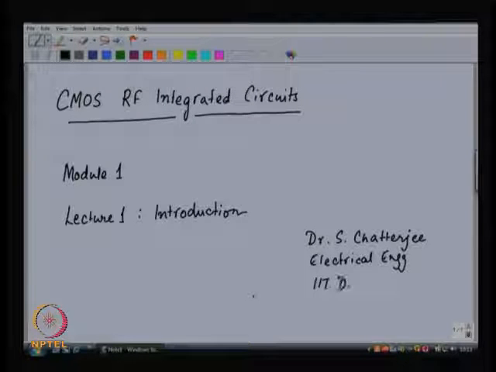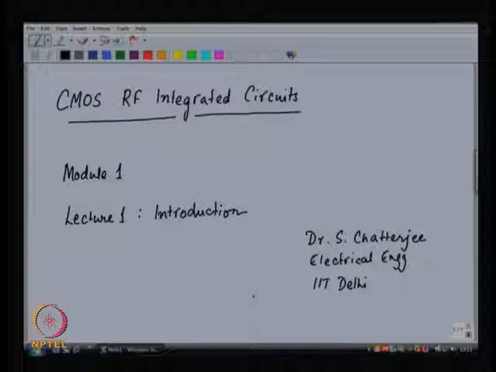So, this particular course will focus on the three sets of words that we have over here. The first word is CMOS, the second one is RF, and the third phrase is integrated circuits.